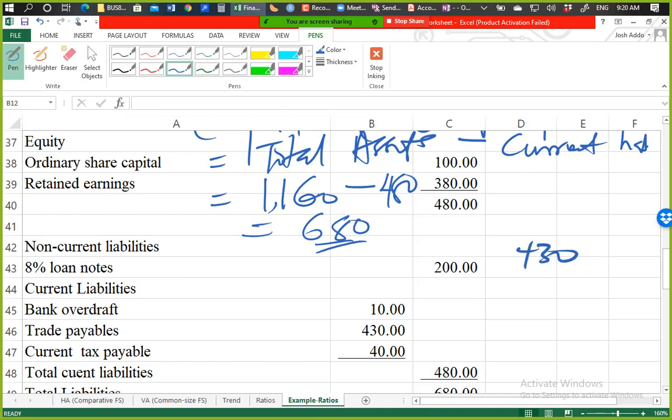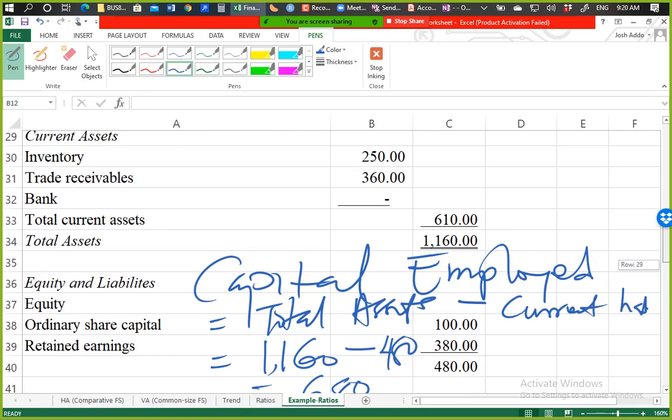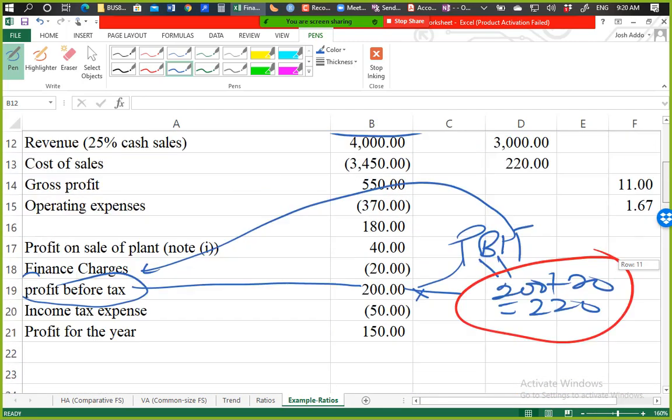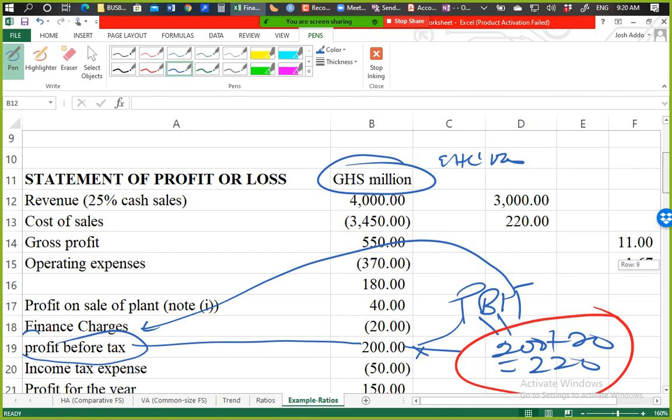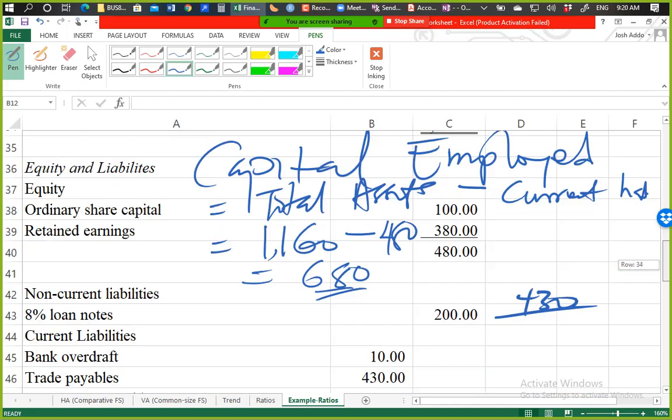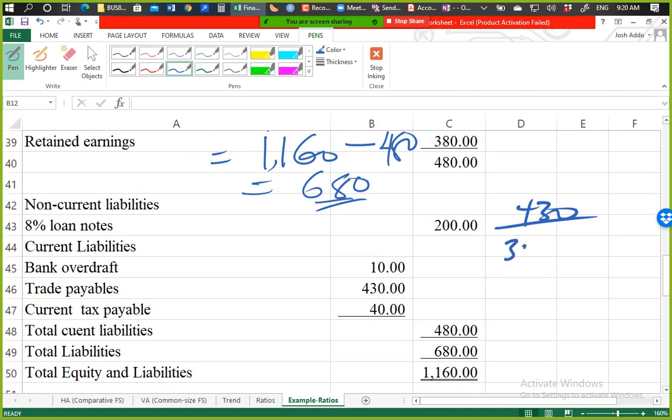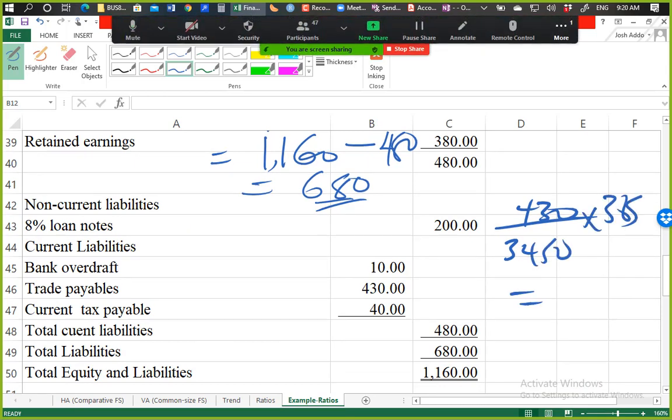430 divided by cost of sales of 3450, times 365. What's the value?